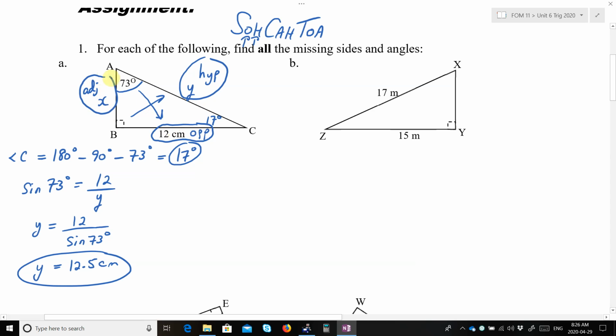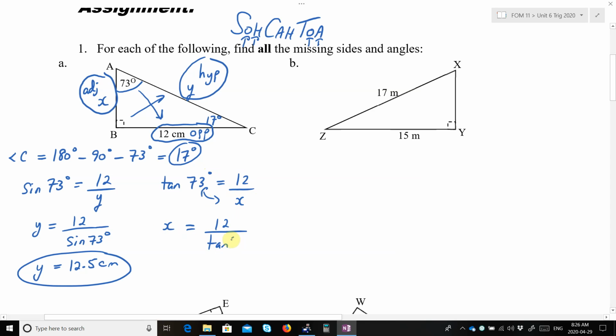And now let's get the adjacent. So we're going to use the opposite and try to get the adjacent. Opposite and adjacent comes from tan, so I would go tan of 73 degrees is equal to the opposite, which is 12, over the adjacent, which is x. And remember, these guys switch when it's this type of equation.